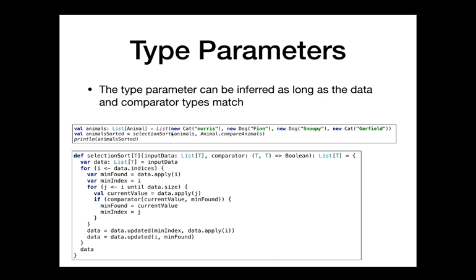Scala might be able to figure that one out. I'm not sure. I'd have to try it. But in most cases, all your types match, and Scala just says, I know what your type parameter is. You don't have to tell me explicitly. So this is a method where T is animal, taking a list of animal and a comparator from animal to animal, and returning a list of animal, which is decided when the method is called.